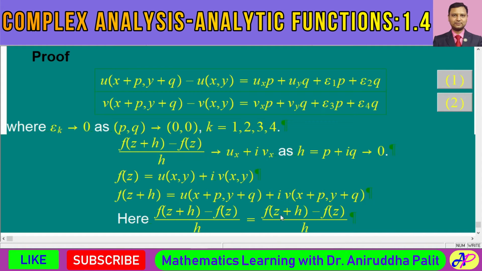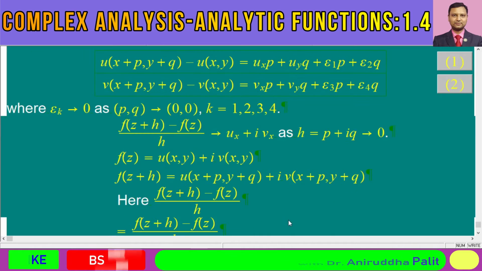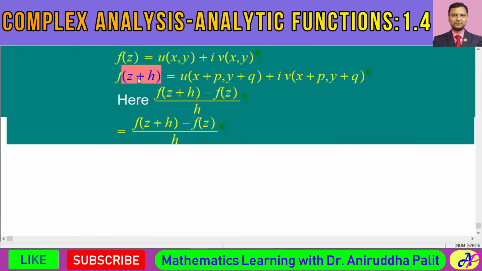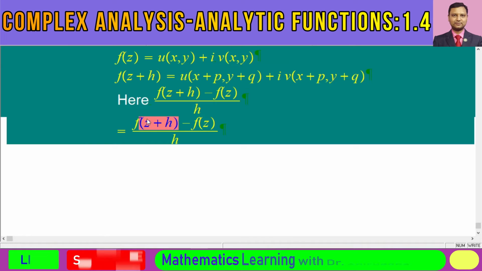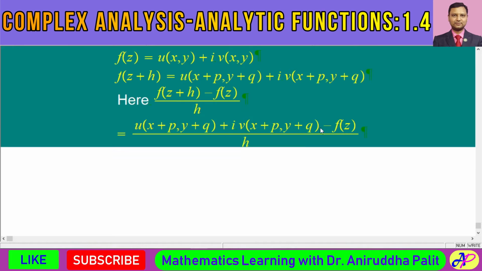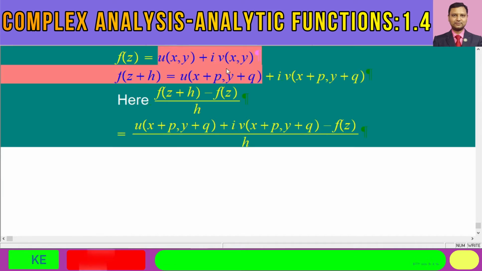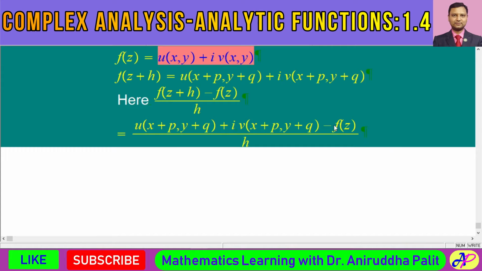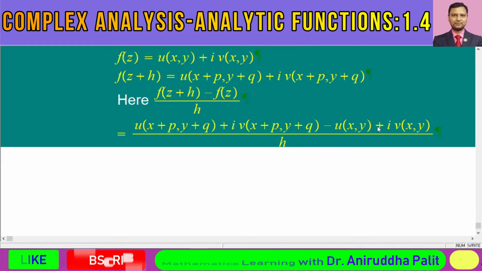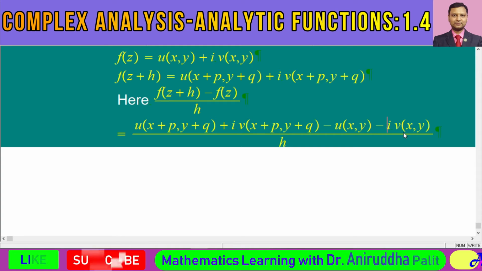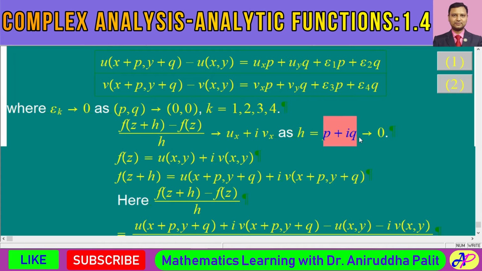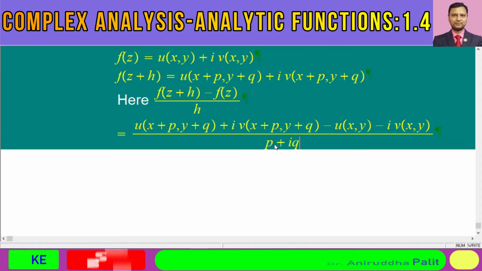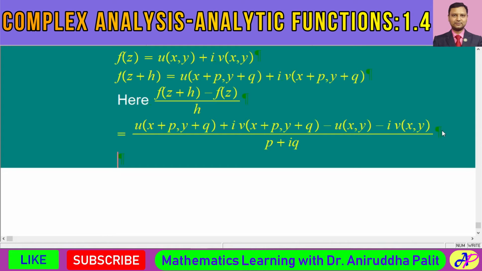Okay, so over here in place of this f of z plus h, we can write this expression, minus this kind of expression, with a negative sign. And h is taken as p plus i q. So in place of h, I am writing p plus i q.